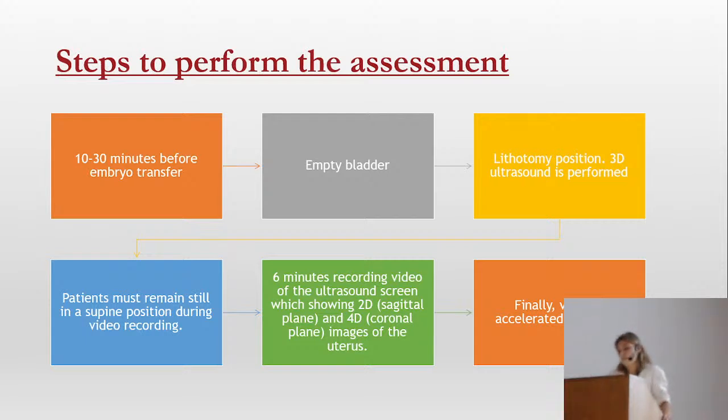It's like a first practice. Once we have performed the 3D and seen the coronal view, without removing the vaginal probe, we place the patient in semi-supine position. This is not only because the patient will be more comfortable, but because you can place your arm better, and with that you are not moving.